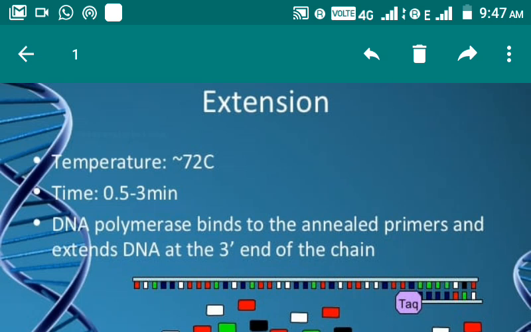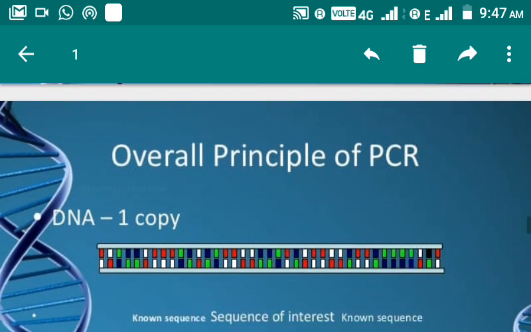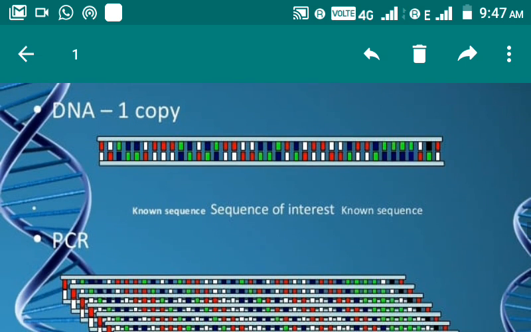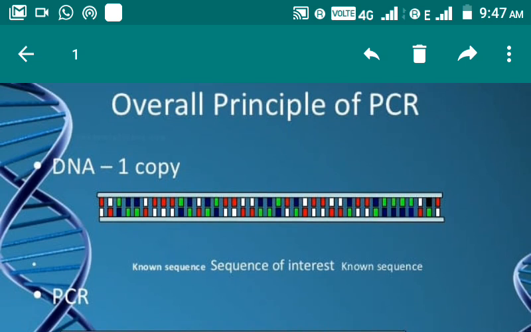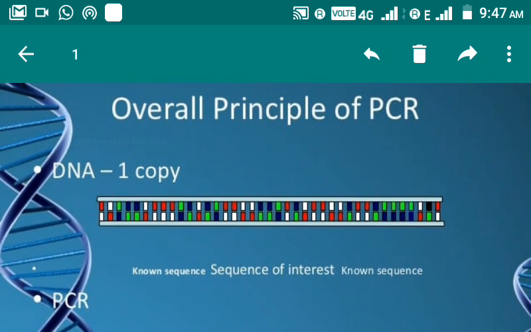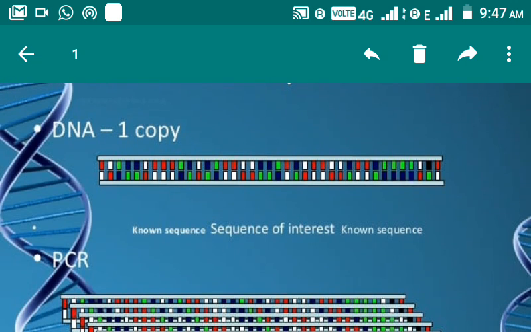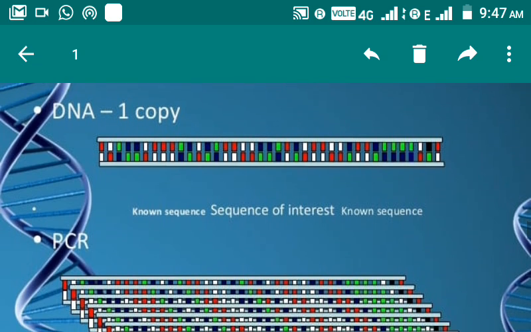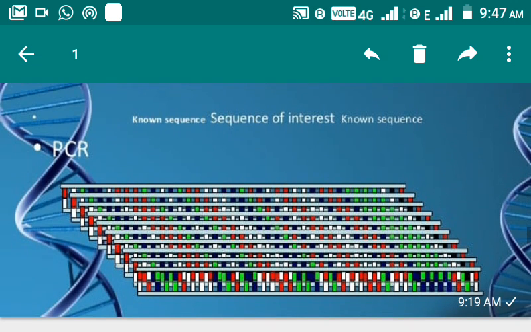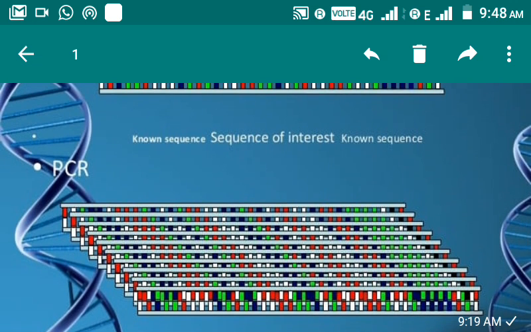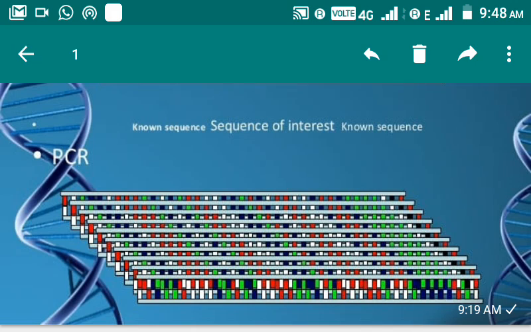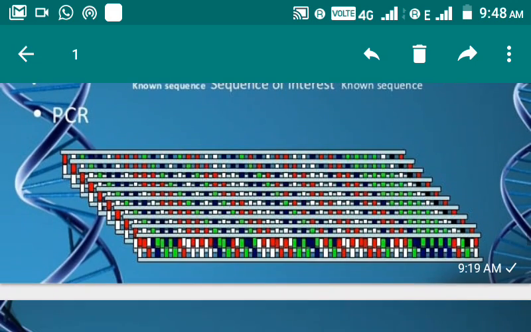So these are the three different stages of PCR, how DNA is amplified. This is the overall summary of PCR. You had a single copy of the template DNA. After PCR, you find that a huge number of copies of DNA are synthesized. So this is the overall summary of PCR.